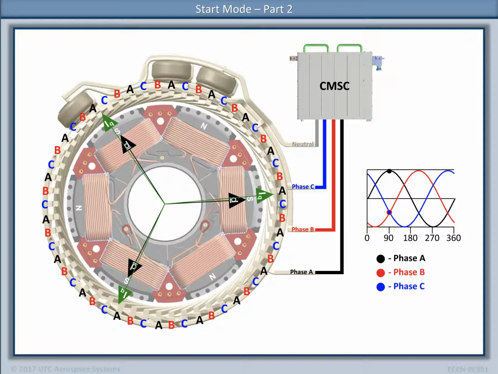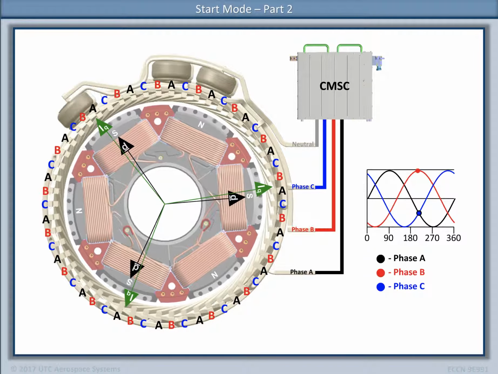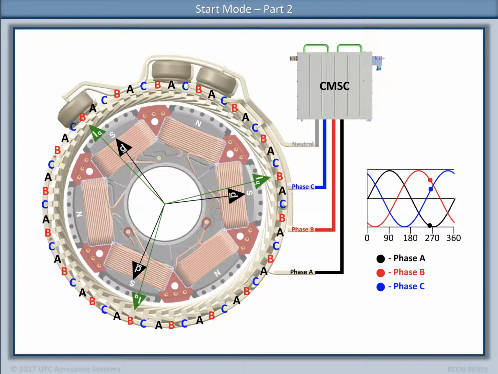As the main rotor rotates, the CMSC uses the resolver to sense the new position of the rotor. Based on the new position of the rotor, the CMSC then adjusts the 3-phase current to reposition the main stator magnetic flux vectors, always maintaining the 90 electrical degree torque angle from the rotor magnetic flux vectors.